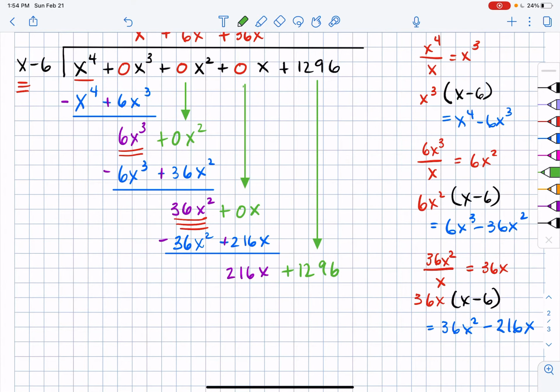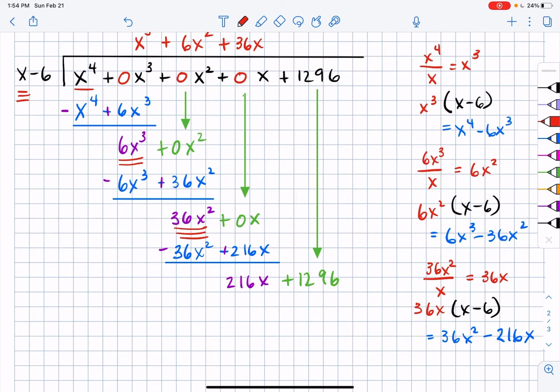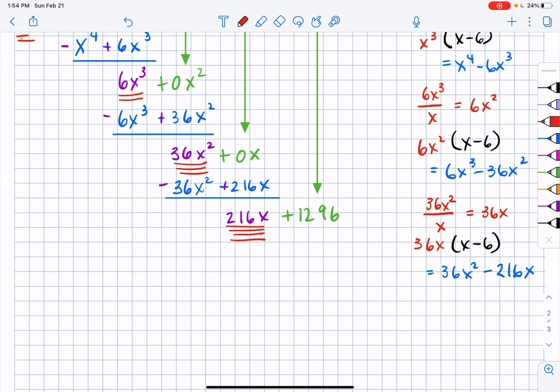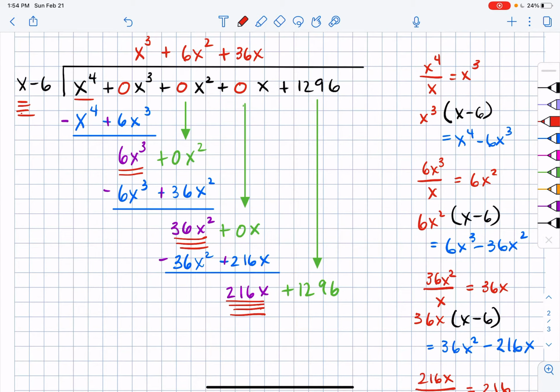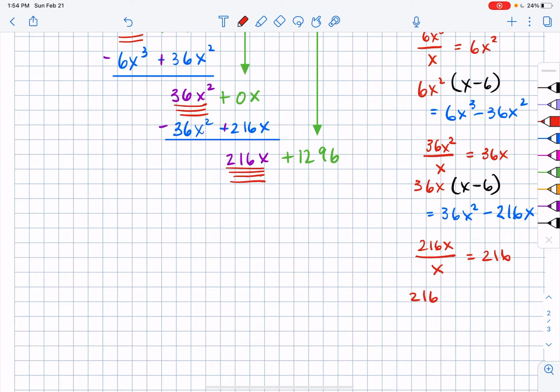Again, how many times does x go into 216x? 216x divided by x gives me 216. So now plus 216. Now I have to take 216 and multiply by x minus 6, and I'm going to get 216x minus 1296.